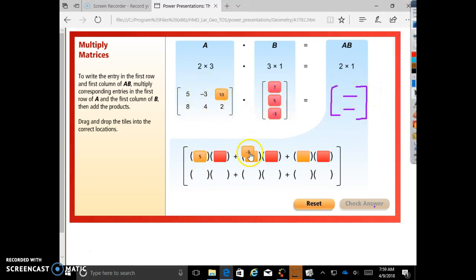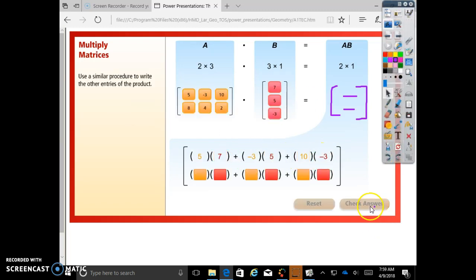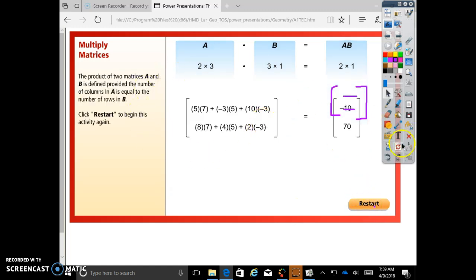Row 1, column 1. 35 minus 15, right? 35 plus -15 plus -30. Row 2, column 1. When you add it all up, you get your -10 and 70.